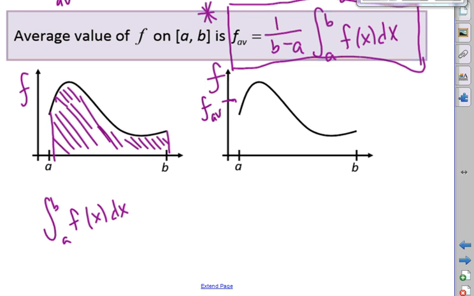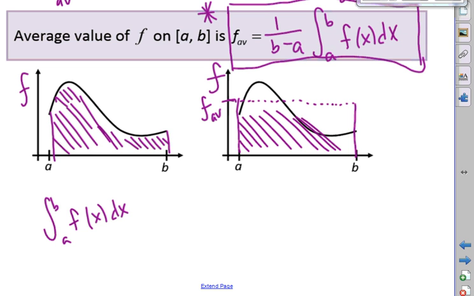So if I draw this line across, and I say that this is the average value, okay, then if I create the area under that line, that means I'm just going to have a rectangle. If I were to calculate that that was the average value of f, then the area under this rectangle is equal to the area under the graph of f.